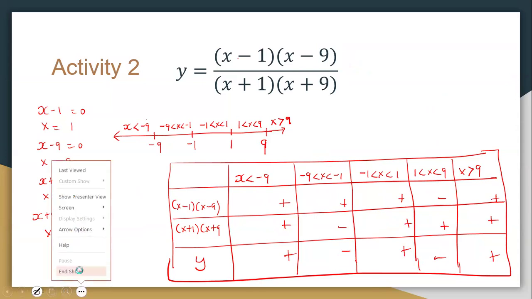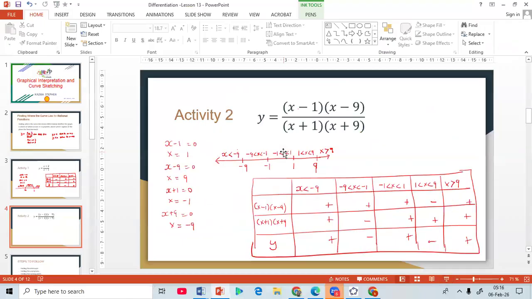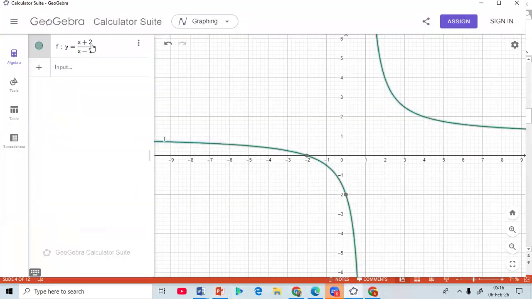So if I go back and I show you graphically here, we had x, it was x minus 1. This is one bracket. Another bracket was x minus 9.